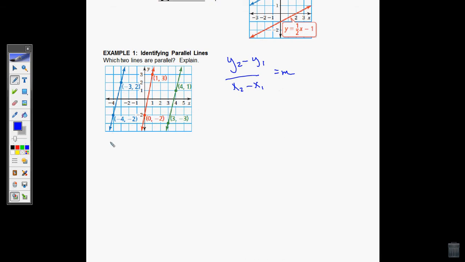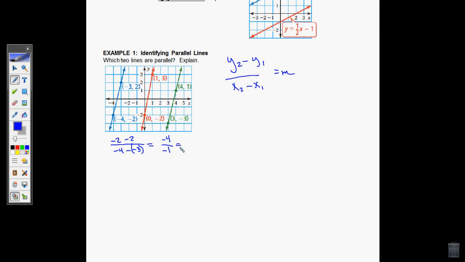Okay, so y2 would be negative 2 minus y1, which is 2. x2 will be negative 4 minus x1, let's say, is negative 3. Now that I have that set up, negative 2 minus 2 is going to be negative 4. And negative 4 minus a negative makes that a plus, so negative 4 plus 3, negative 1.